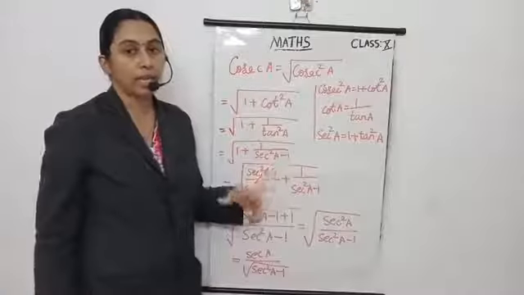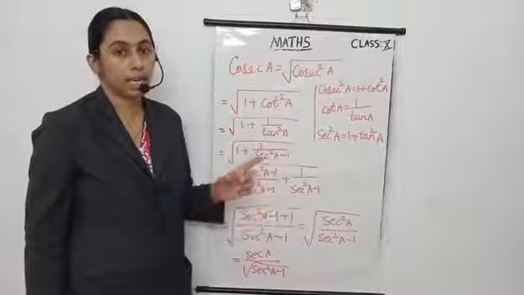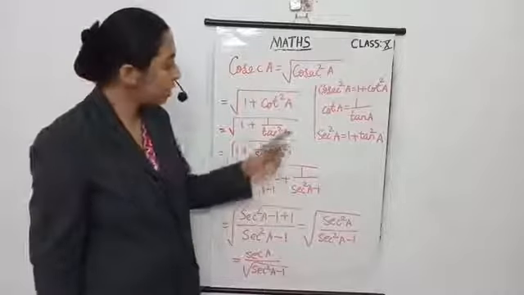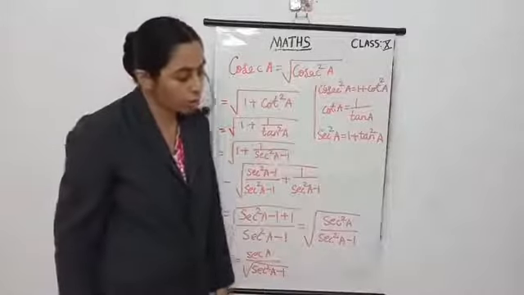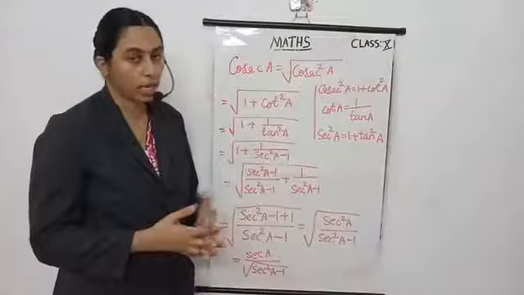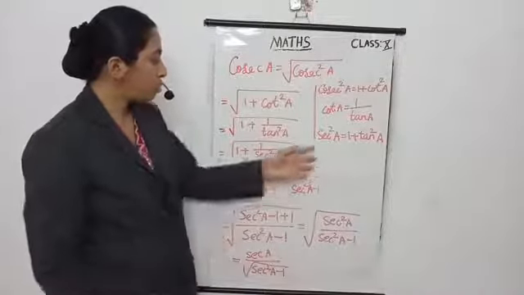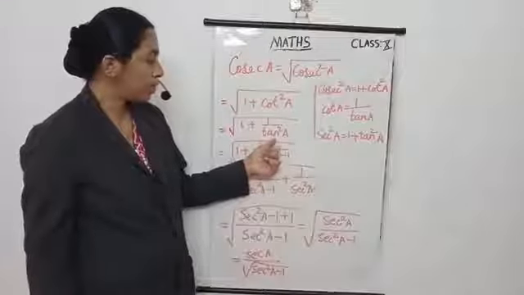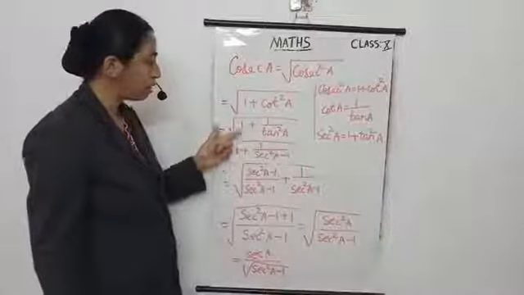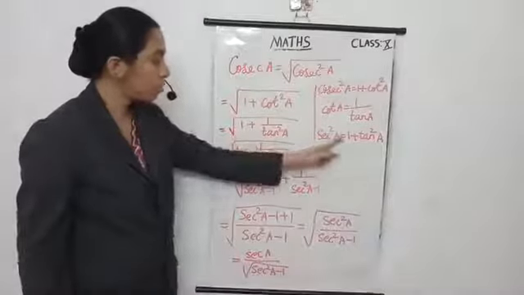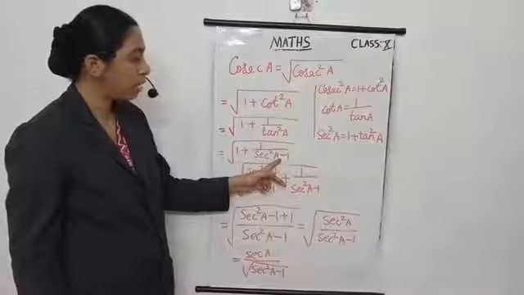Now tan and sec have one identity, that is sec square A equals 1 plus tan square A, or we learned 1 plus tan square A equals sec square A. Substitute that value at the place of tan square A. So this is 1 plus 1 by sec square A minus 1.